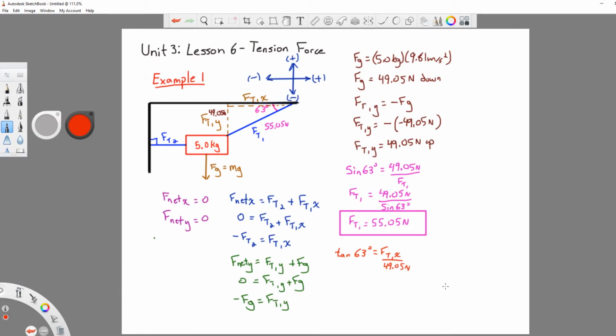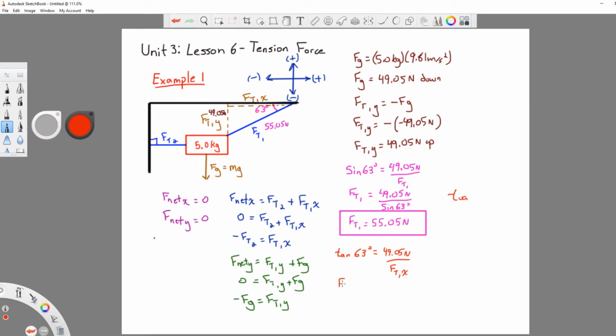Okay. And we do some rearranging. So Ft1x is, I'm just checking my work here to make sure I don't make any mistakes in this. Opposite over adjacent, you see I have already made a mistake. Tangent is opposite over adjacent. So this is going to be 49.05 newtons over Ft1x. That's better.